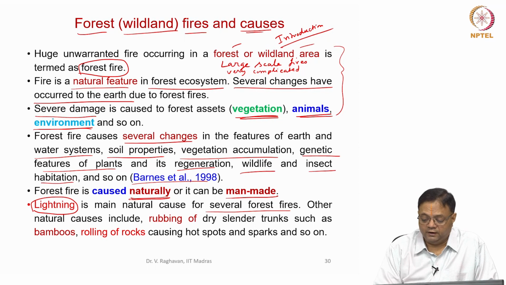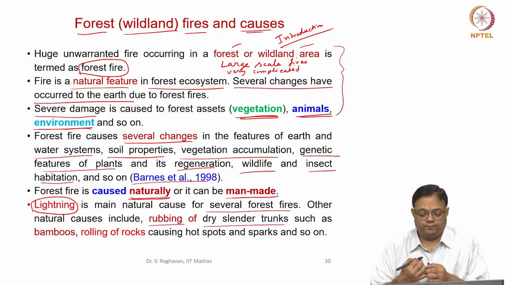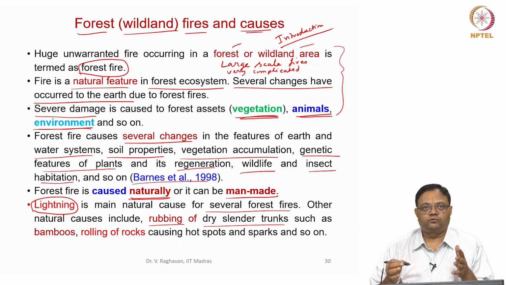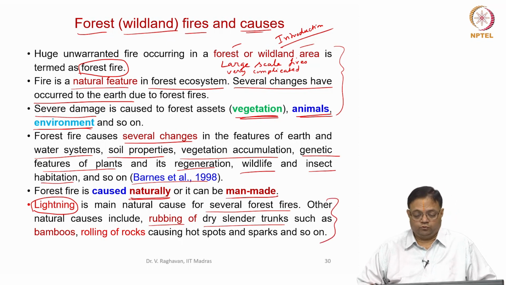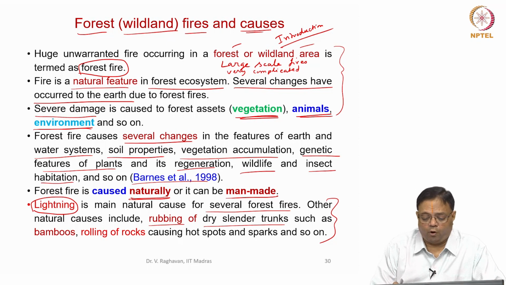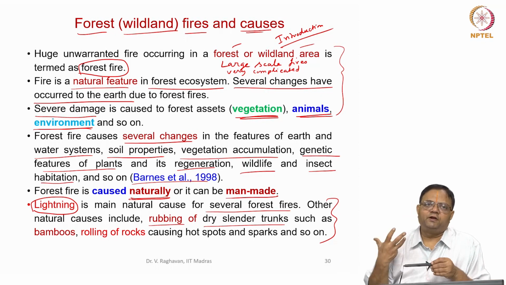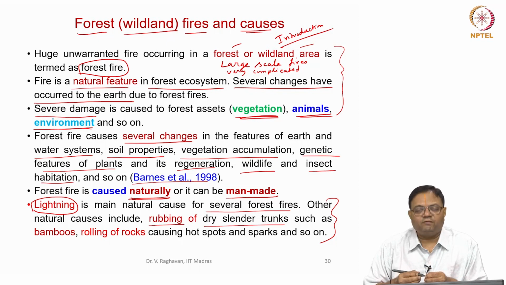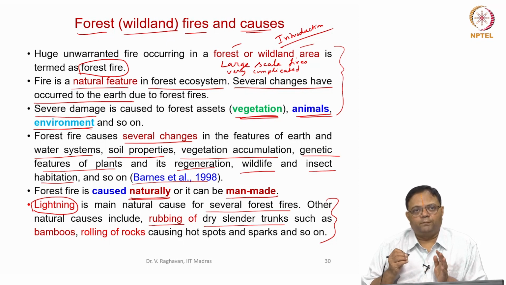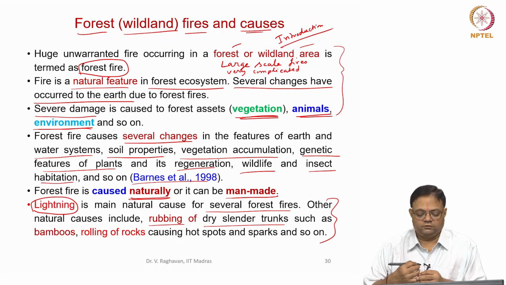Now, when dry, slender trunks rub over each other, like bamboos, etc., or rolling of rocks creating hot spots, and sparks, these also can cause a forest fire naturally. So, the main point here is there is a wild land. Wild land is very, very heterogeneous, very complex to understand. In this wild land, there are several types of vegetation, and some natural causes like lightning, rubbing of these trees, rolling of rocks, etc., can cause a forest fire.